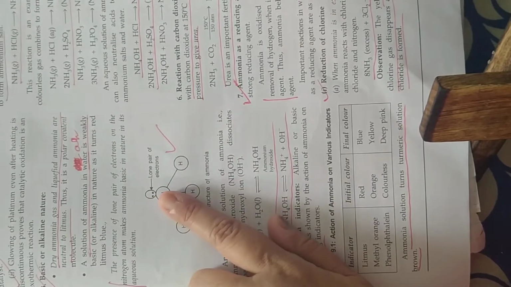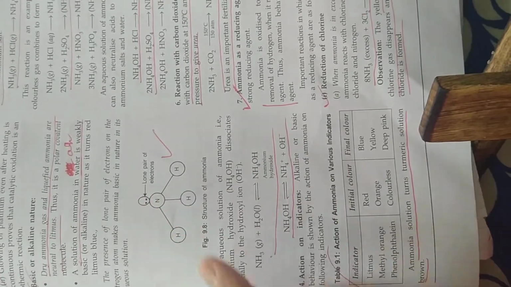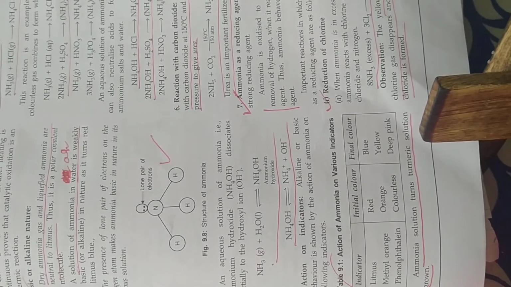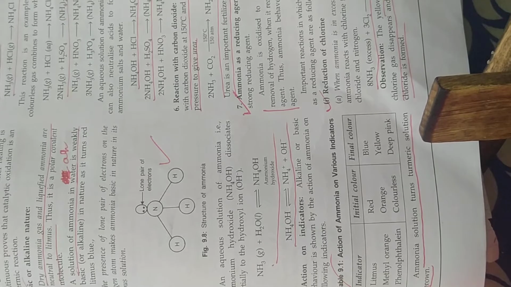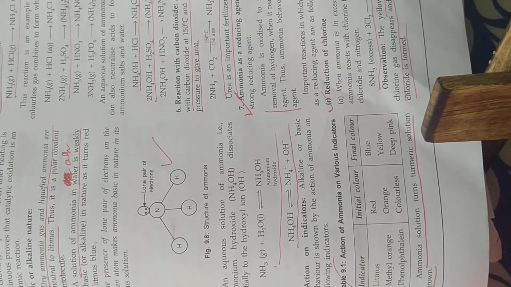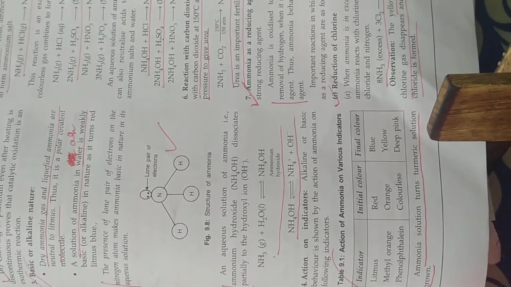The lone pair is responsible for the basic nature of the ammonia molecule. The presence of a lone pair of electrons on the nitrogen atom makes ammonia basic in nature in its aqueous solution.